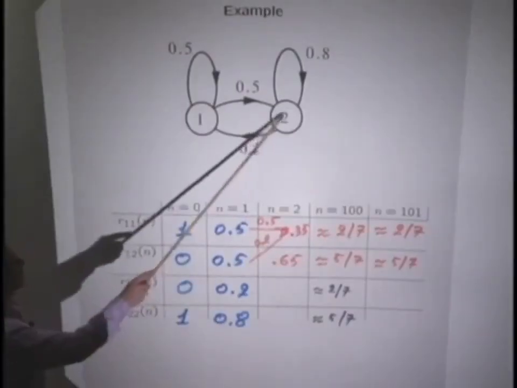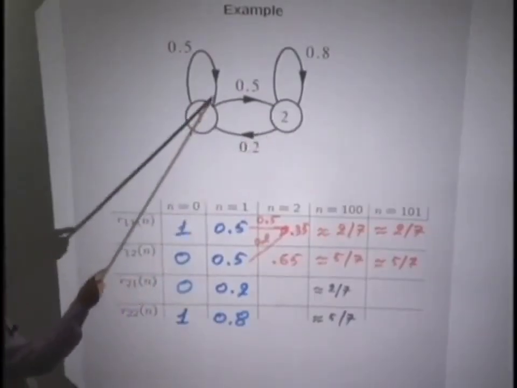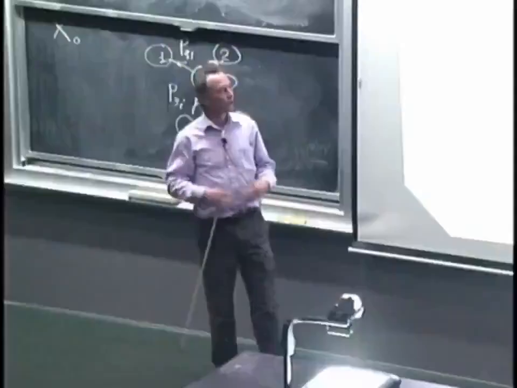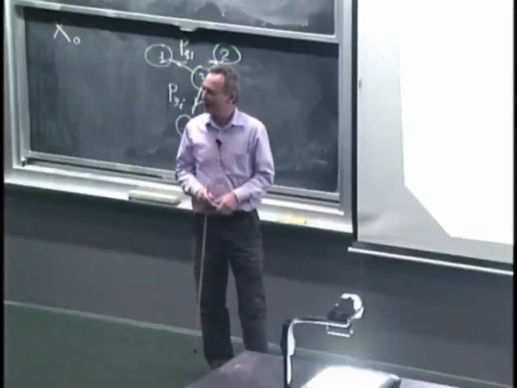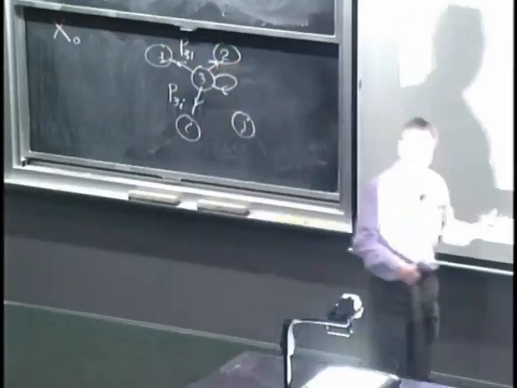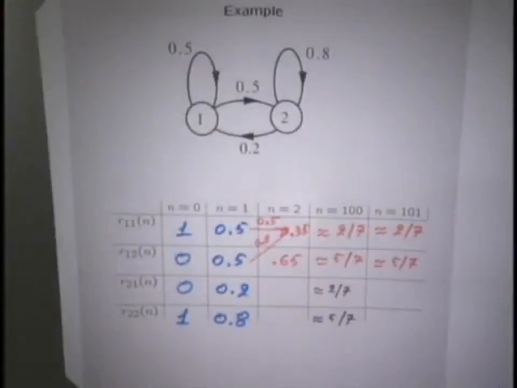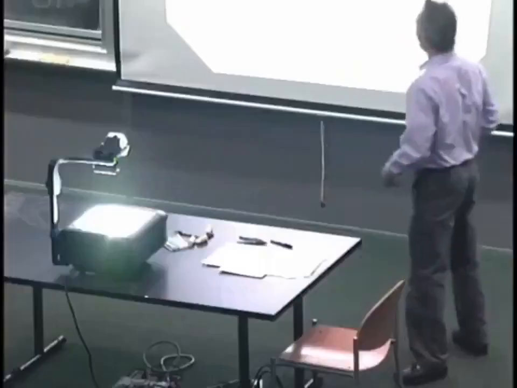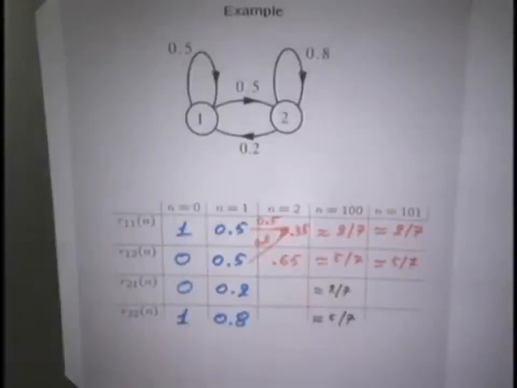But in the very long run, transitions of this kind are going to happen, transitions of that kind are going to happen. There's a lot of randomness that comes in, and that randomness washes out any information that could come from the initial state of the system. We describe this situation by saying that the Markov chain eventually enters a steady state.